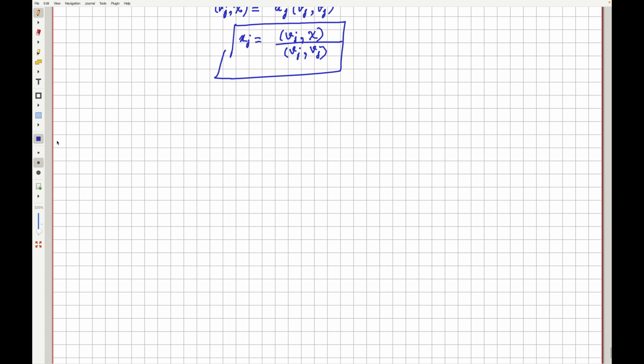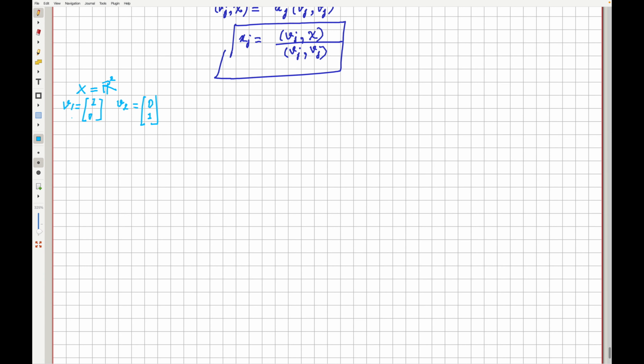Let's say we have a vector space x represented by R2, and let's say we have the vector v1 that is equal to (1, 0). Let's say we have a vector v2 that is equal to (0, 1).